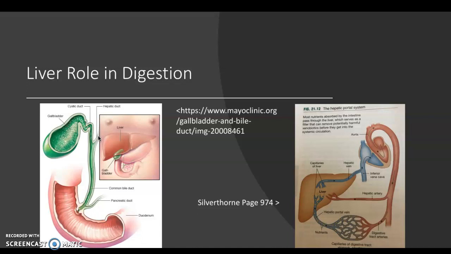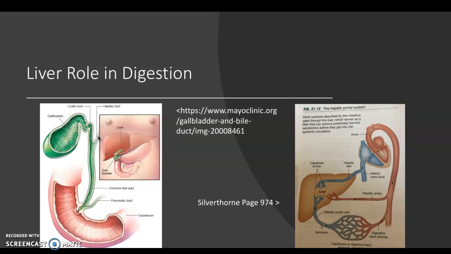Now it is said that you could live without the gallbladder, and the bile would just be directly secreted into the small intestine then. Anyway, the bile is signaled by fat in the meal, and the gallbladder contracts to release the bile into the duodenum.